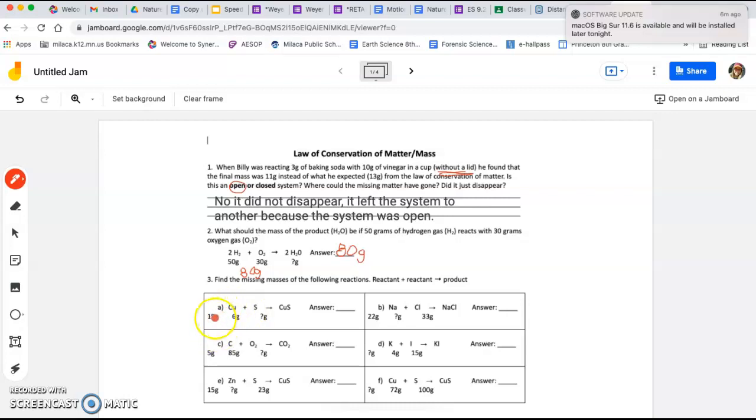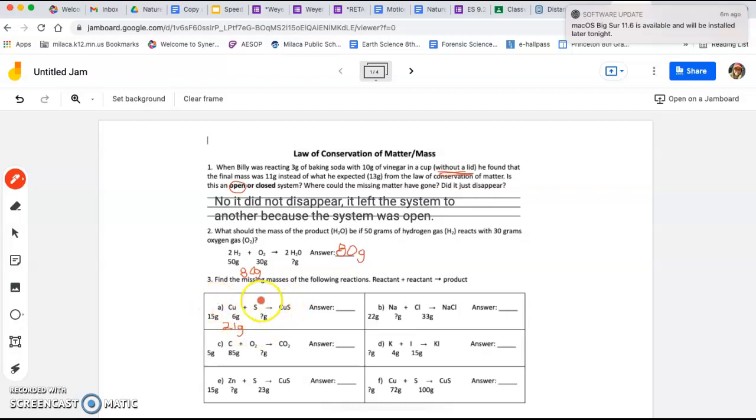So I have 15 grams of copper, and I have 6 grams of sulfur. Those are my reactants. If I go 15 plus 6, that's going to be 21 grams on the left side, because 15 plus 6 is 21.